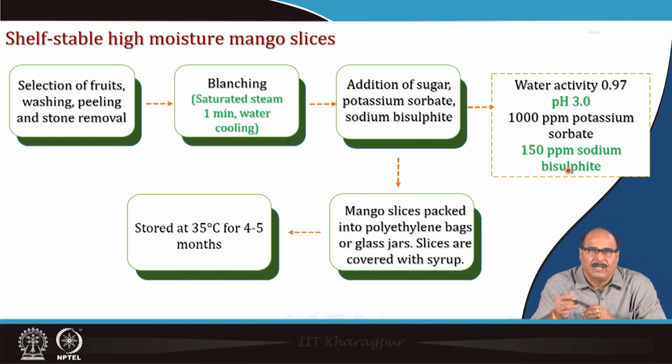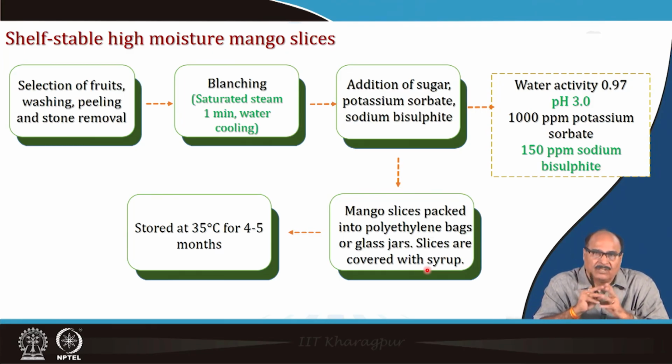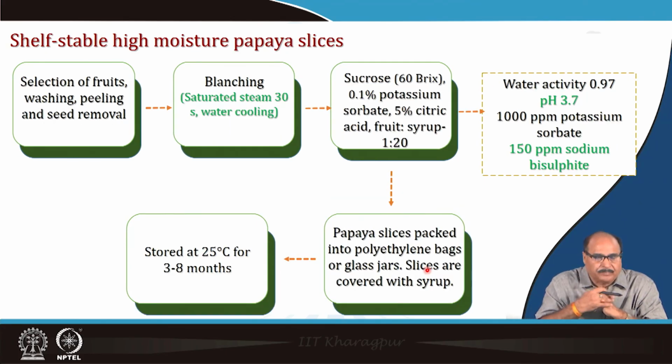The slices are packed into polyethylene bags or glass jars, and slices are covered with syrup. That is very important. In these cases, direct contact of the slice with the air, etc., should be avoided. So, this should always be covered with the syrup. It is stored at 35 degrees Celsius for 4 to 5 months.